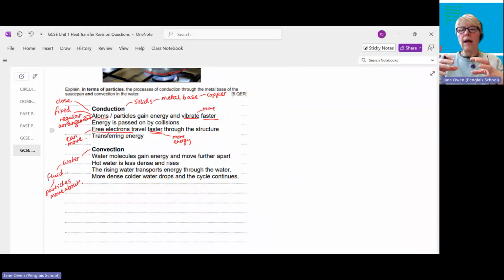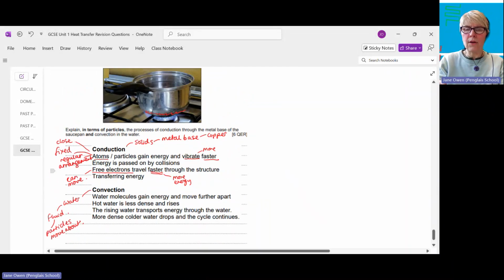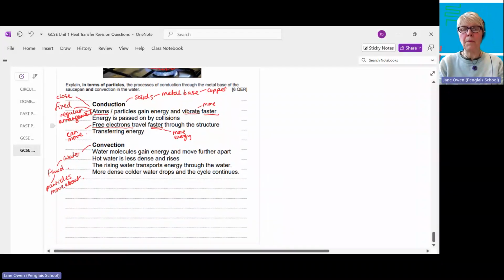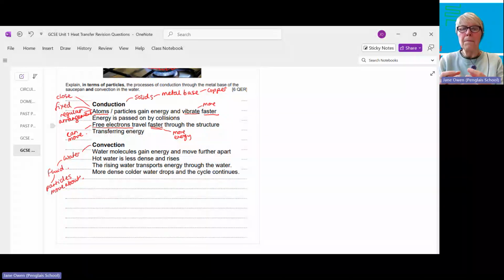So the water inside here, in contact with the base, will become warmer by vibrations next to one another. But then as that gets heated up, the water in contact with the metal gets heated up.